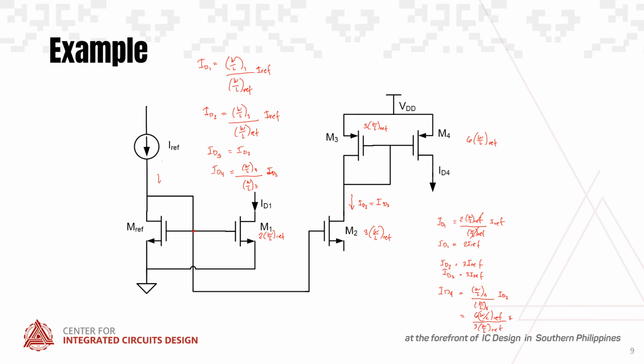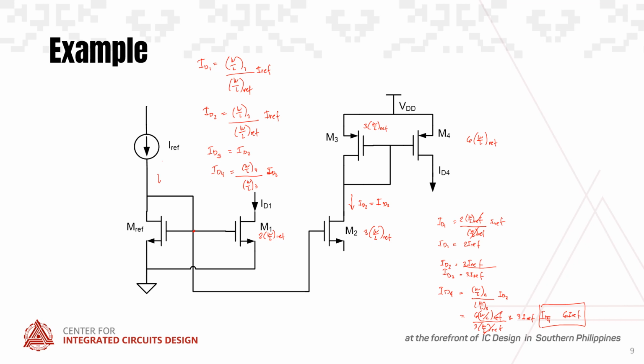We know that ID2 is equal to 3 times IREF. So this would cancel, 6 divided by 3 is 2, and 2 times 3 is 6 IREF. So that is our ID4.